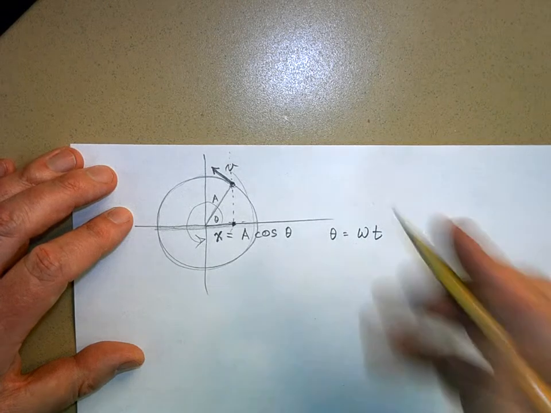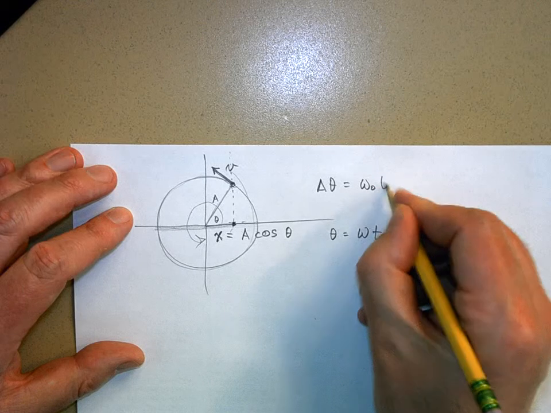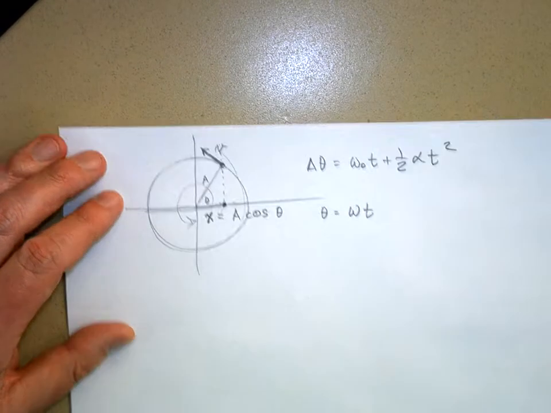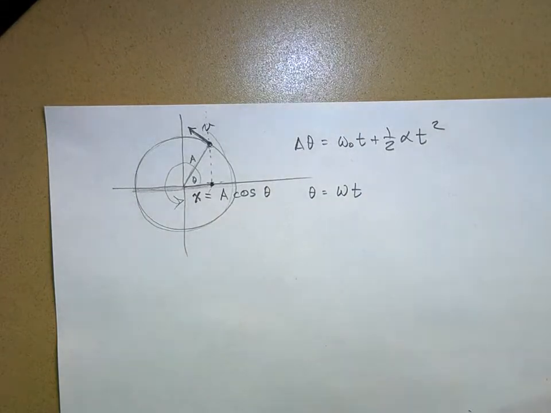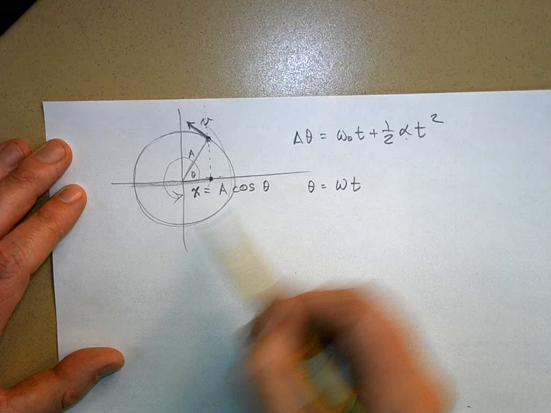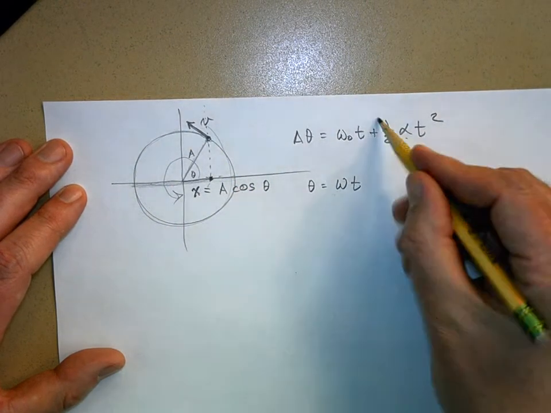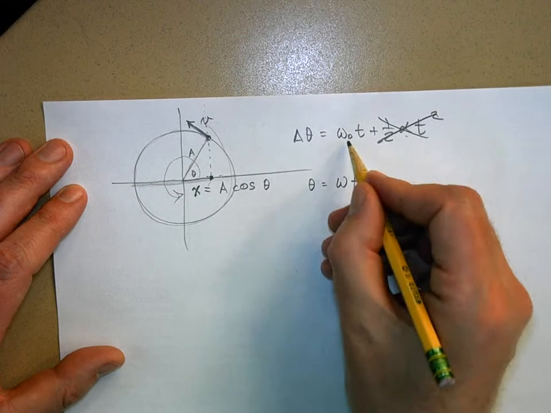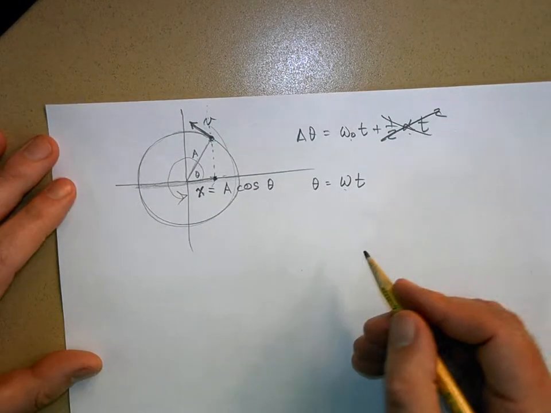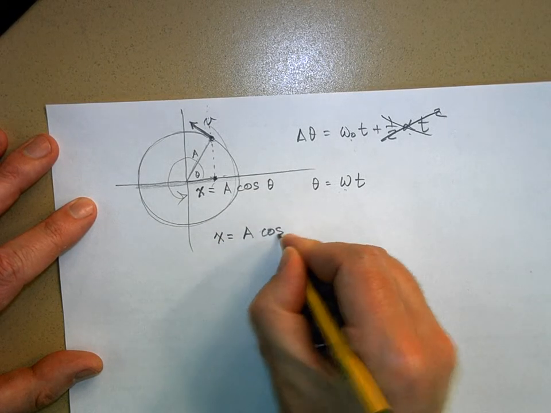We had delta theta equals omega naught t plus 1/2 alpha t squared, right? These are the kinematic equations for rotational motion. But here we don't have an alpha. We don't have an angular acceleration. It's just uniform circular motion like this. So this goes away, and this omega naught is just omega. Okay, and so I can now say that x equals A cosine omega t.